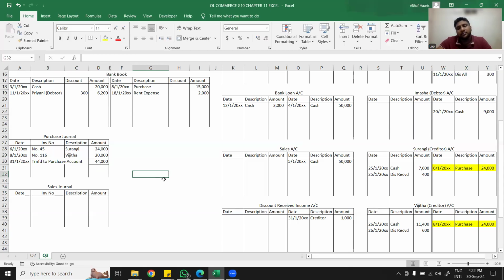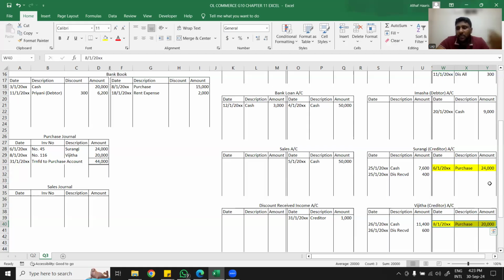That's it. Here credit individual accounts. Purchase account total 44,000. Here 20,000, 24,000, here 20,000. In total 44,000 will go to the purchase account.